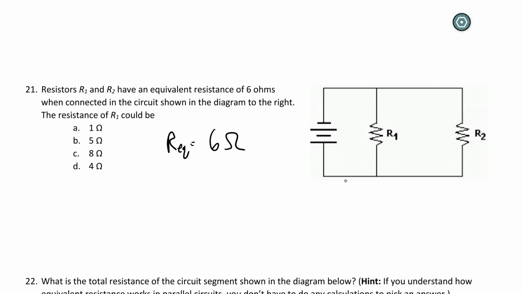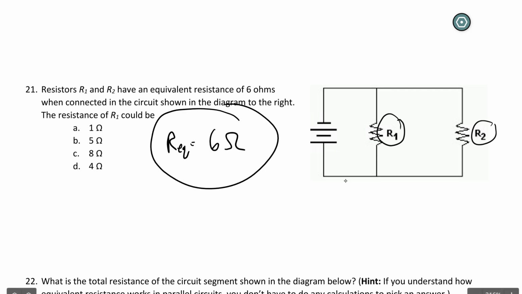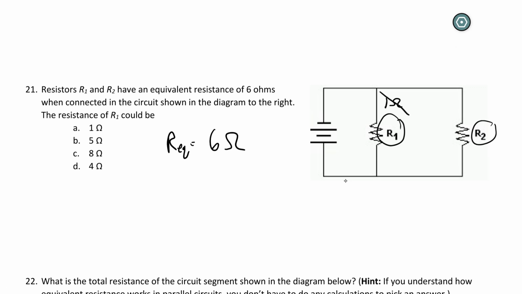So we know the equivalent resistance is 6. This and this have to be greater than 6. The equivalent resistance is always less than the smallest resistor. So R1 could not be 1 ohm. Nope, because we're looking for something that's greater than the equivalent resistance, right?